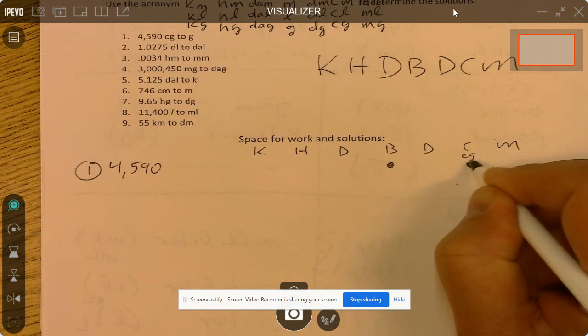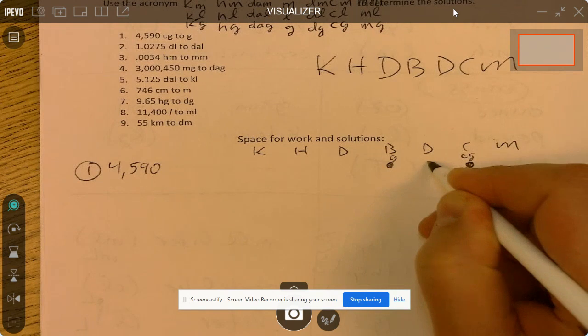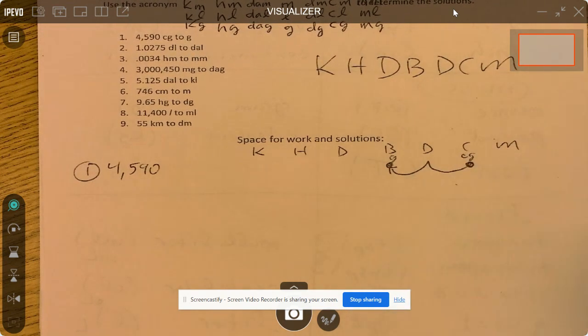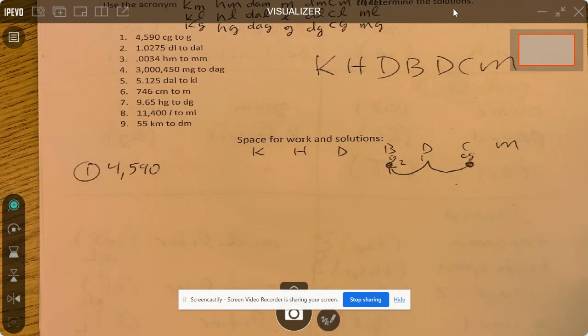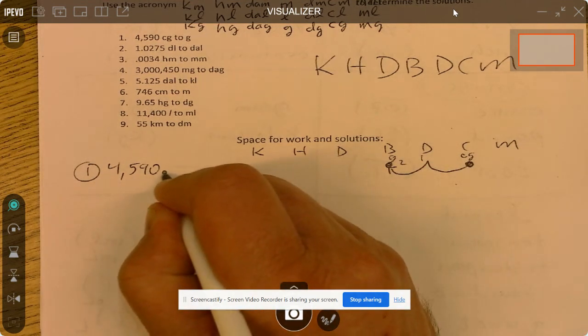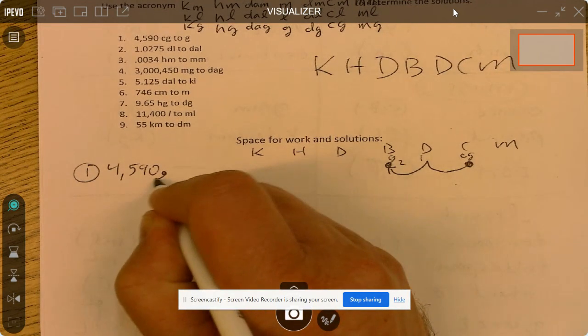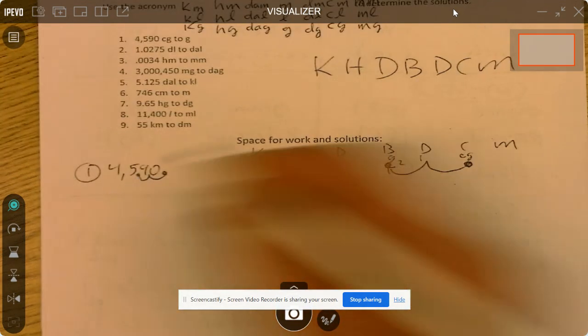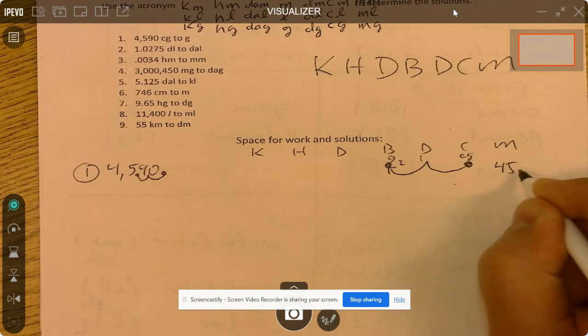So centigrams to grams. I need to move 2 decimal places. So my decimal place, which started here in number 1, which is after the 0, needs to move 2 decimal places. And the final answer for question number 1 is 45.90.